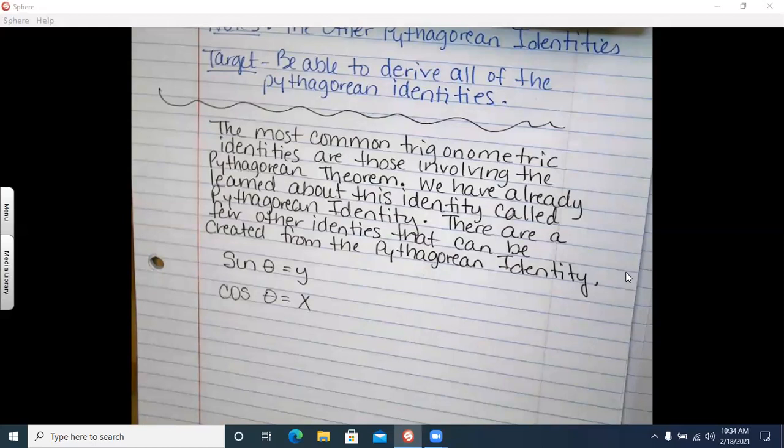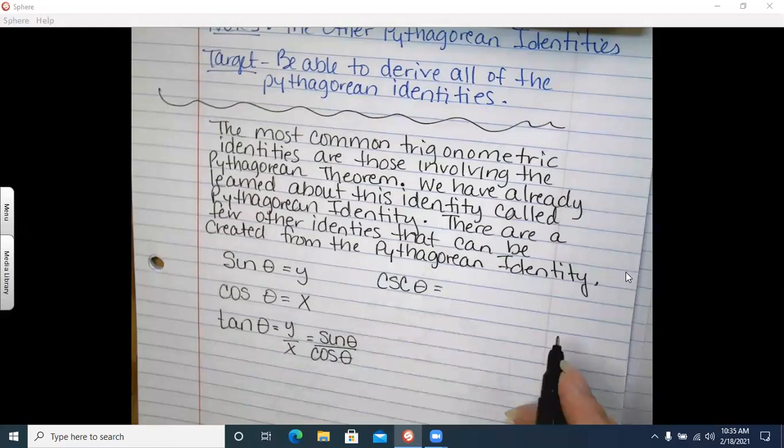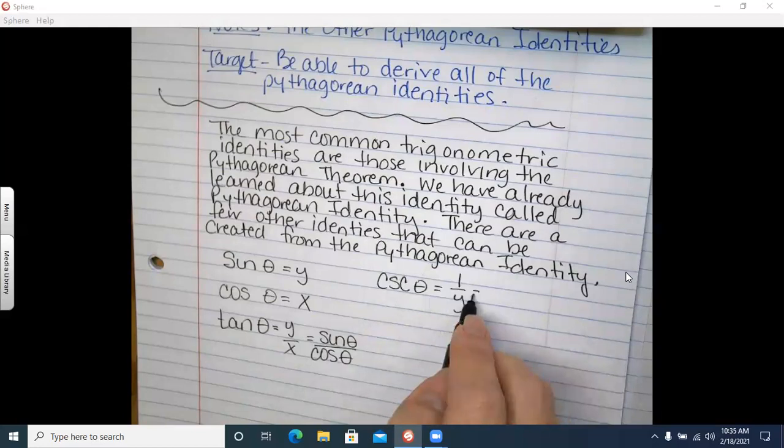And then tangent of theta, tangent is y divided by x. Well, in trig, the y values we call sine of theta, and x values we call cosine of theta. We already know all this, right? Well, then we also have the reciprocals of these. Reciprocal is when what's in the numerator goes in the denominator, and what's in the denominator goes in the numerator, right? So for sine of theta, the reciprocal we call cosecant of theta. So instead of sine is y, cosecant is 1 over y, or we say 1 over sine of theta.